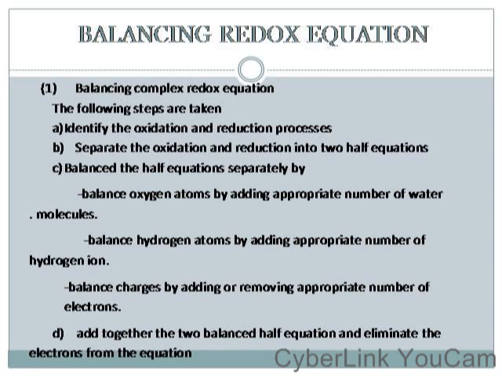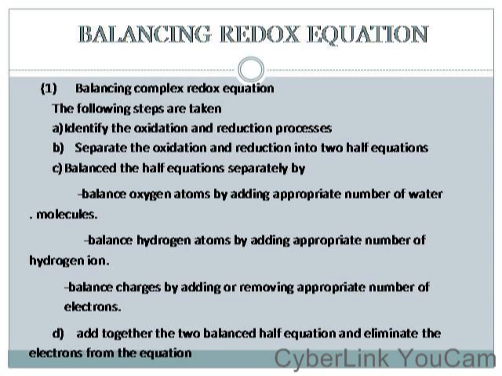Now how do we balance it? When you want to balance the number of oxygen atoms, you add the appropriate number of water. That means if you have 2 oxygen, then you add 2 molecules of water to it. And after that, you balance the number of hydrogen atoms by adding the appropriate number of hydrogen ions. Then the next one is to balance the number of charges by adding or removing the appropriate number of electrons.